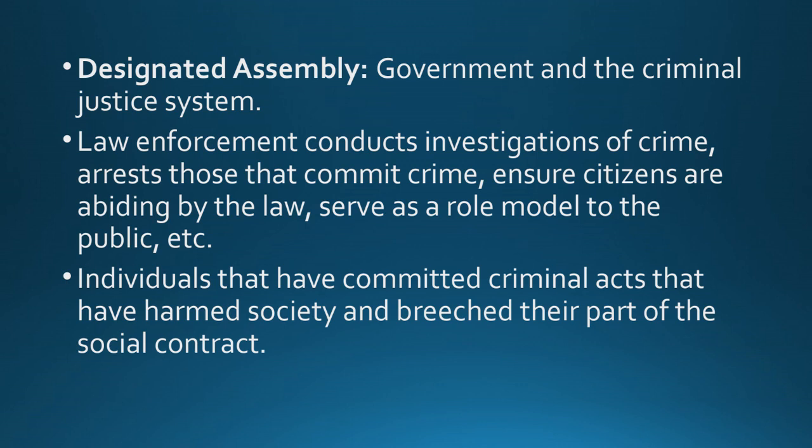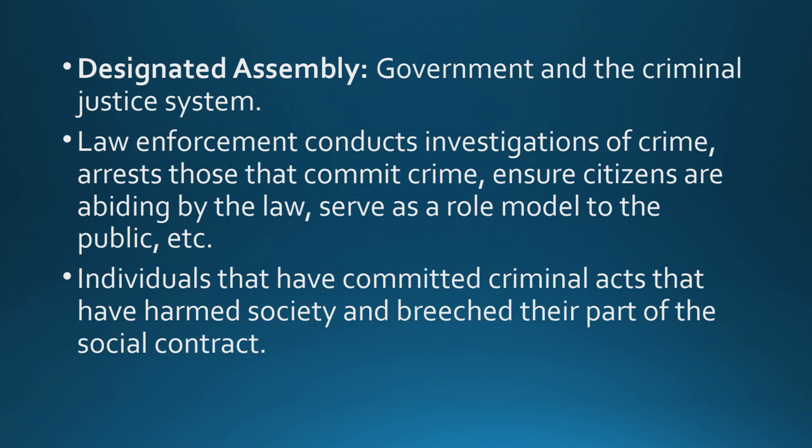Now, under social contract theory, individuals that do commit crime, they're viewed as having breached their part of the social contract by committing a crime that harms society. So how would social contract theory view law enforcement violating an offender's constitutional rights, their Fourth Amendment rights, even if they're actually guilty?